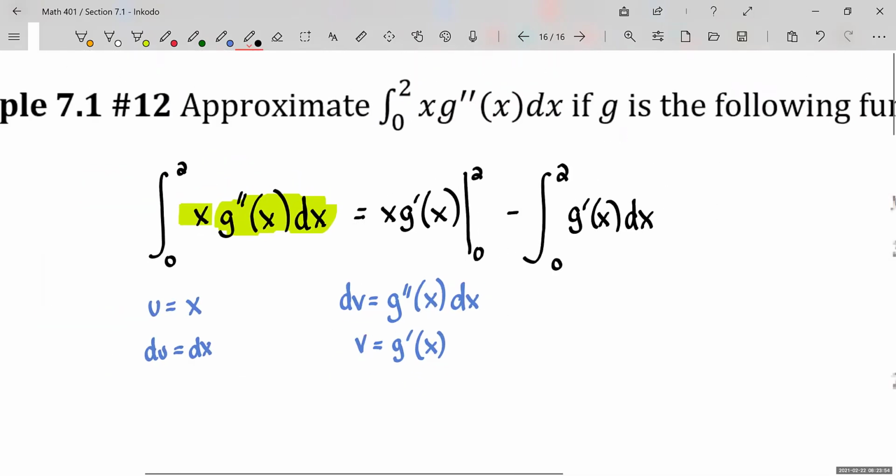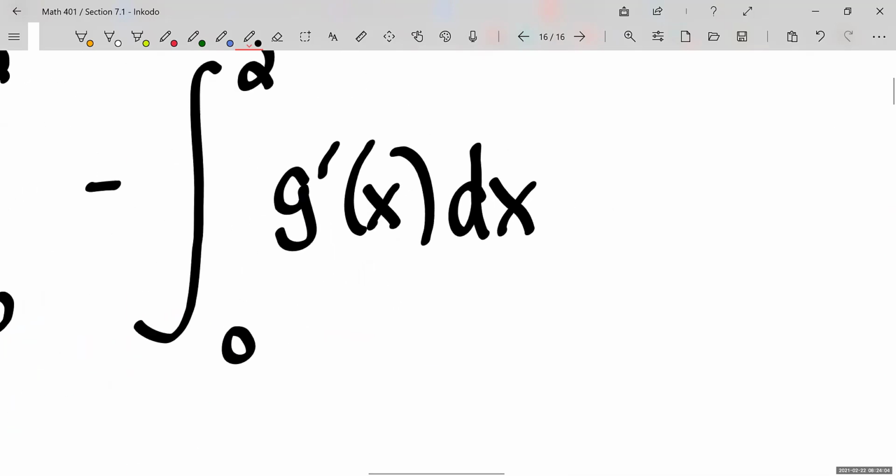And you look at that and you say, but I wasn't given the picture of g prime, so what am I supposed to do? Well, remember, the fundamental theorem of calculus tells us the antiderivative of g prime is just g.